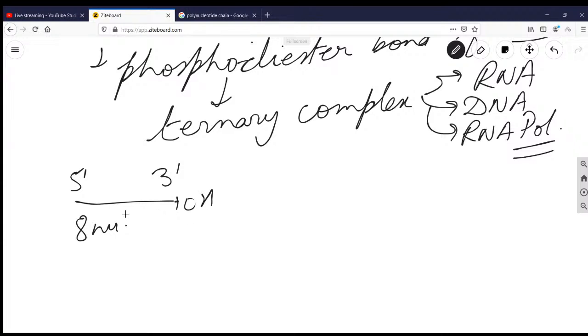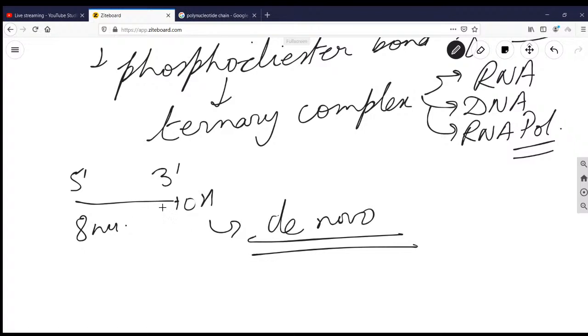DNA polymerase cannot synthesize anything de novo like RNA polymerase just did, on its own, from scratch. It needs a free 3 prime OH group, and then when deoxyribonucleotides, dNTPs, come in, it can catalyze their addition. But if you just keep two fresh dNTPs, it cannot start. It cannot initiate the formation like RNA polymerase did.